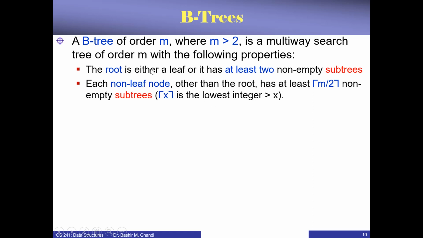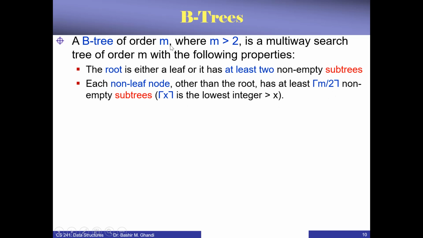So we are saying the root is allowed to have at least 2 subtrees. But other than the root, every node that has subtrees, of course, leaves don't have subtrees. That's why we again say non-leaf. So each non-leaf other than the root must have at least ceiling of m/2 non-empty subtrees.